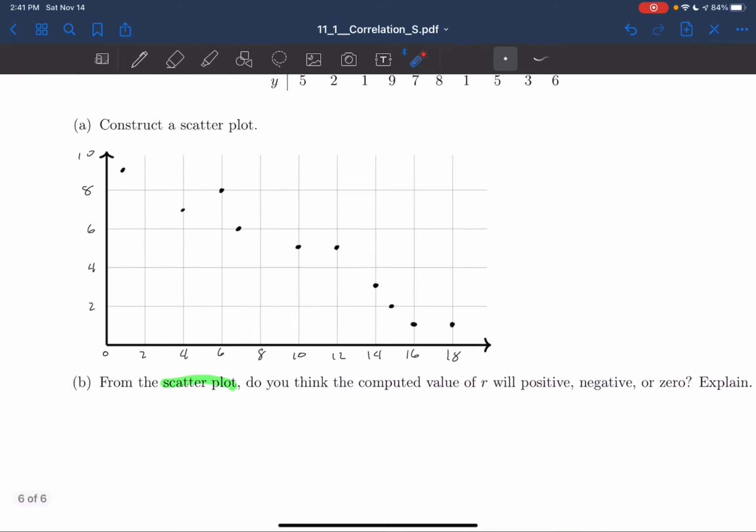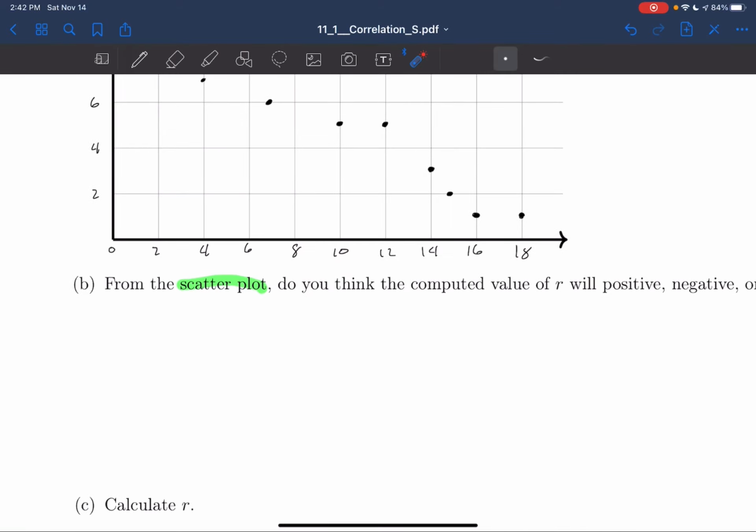Explain. Well, if you remember, R is our correlation coefficient, it tells you how correlated two variables are. So notice that this is going downwards, so we know that this is going to be a negative association. Another way you can think about it is that we have high X values and low Y values.